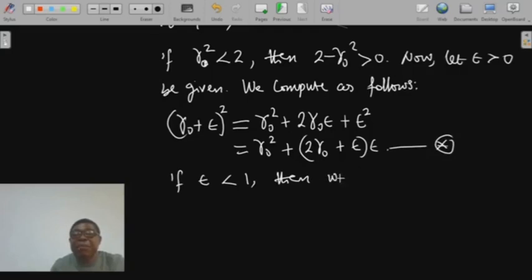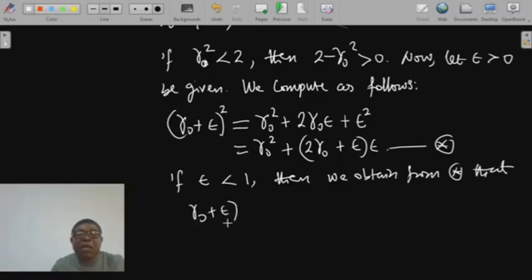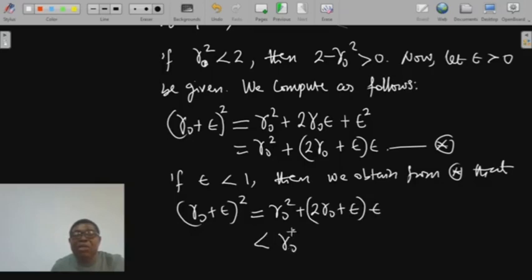Then we'll obtain from star that gamma naught plus epsilon all squared will be, of course, equal to gamma naught squared plus 2 gamma naught plus epsilon, then times epsilon. And this will be less than gamma naught squared plus 2 gamma naught plus epsilon. Sorry, please. This will be.